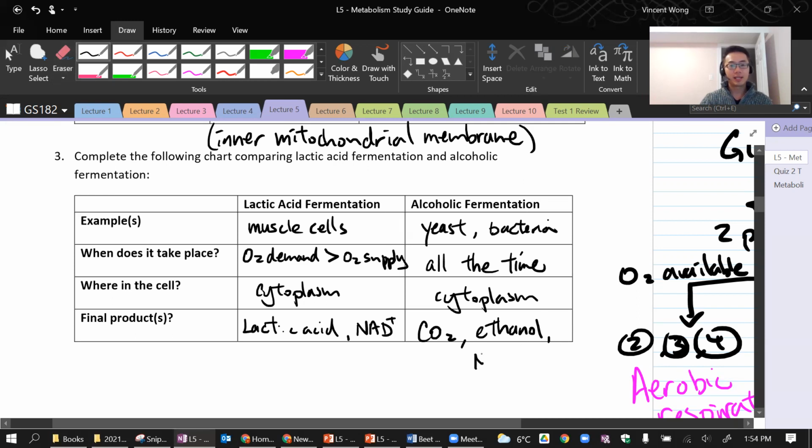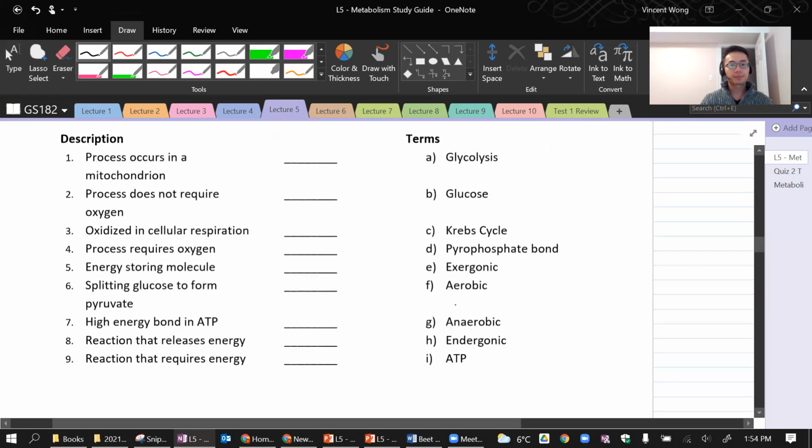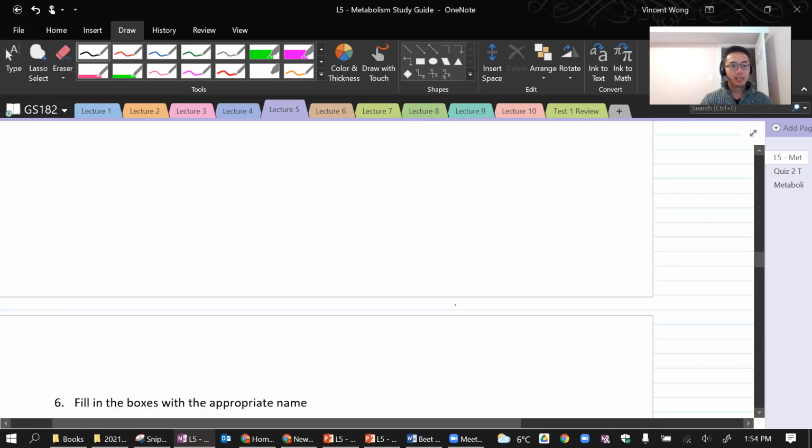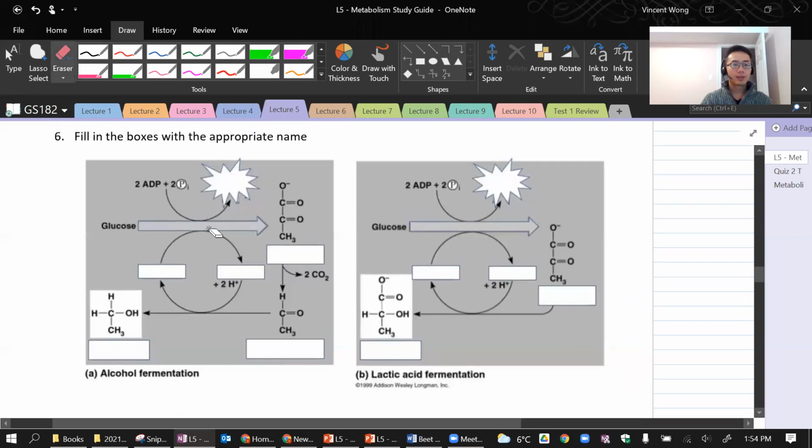And then you're going to generate NAD+ as well. Okay. So let's fill these in right here. Okay, so alcoholic fermentation. Now we started with glucose. We're going to have glycolysis. You're going to generate 2 ATP, and then you're going to get 2 pyruvate.